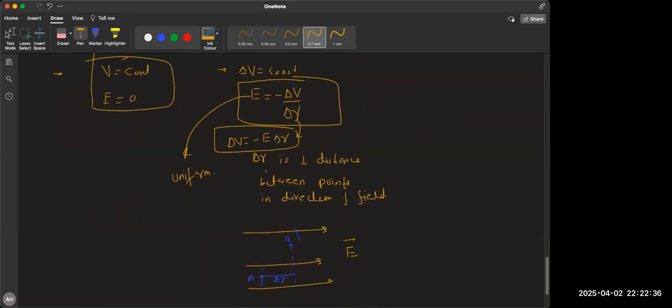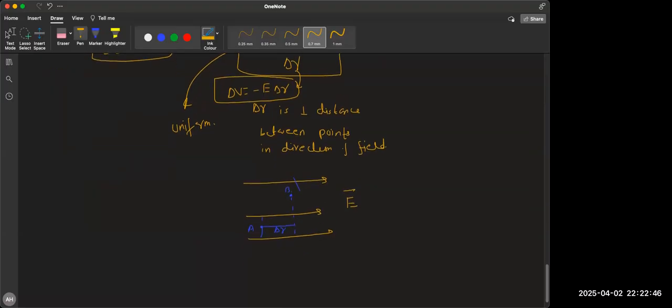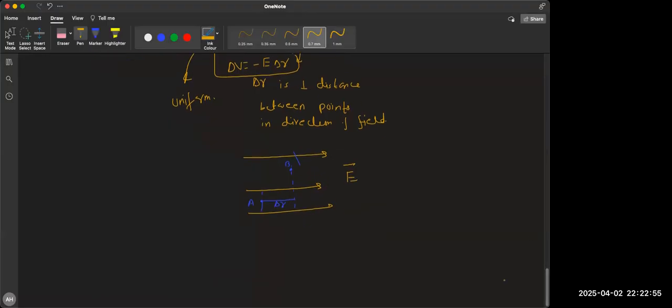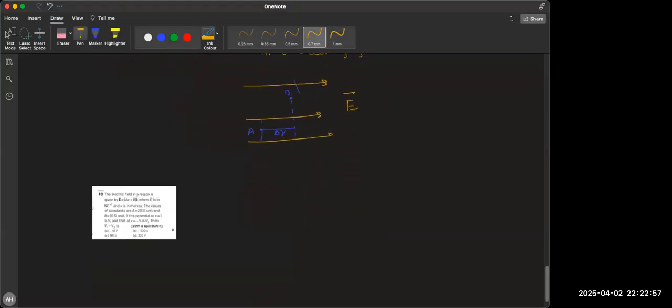And write this about delta R also: perpendicular distance between points in the direction of the field. Okay, now use this concept and solve this question.